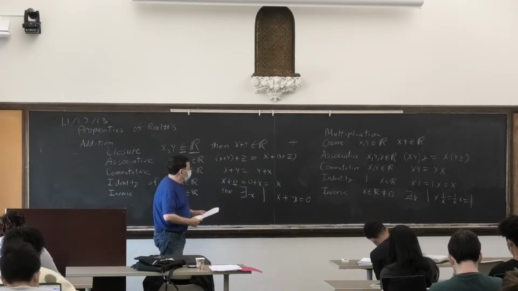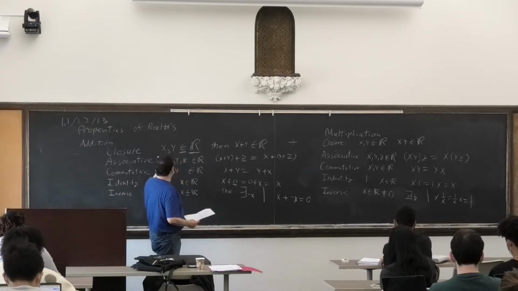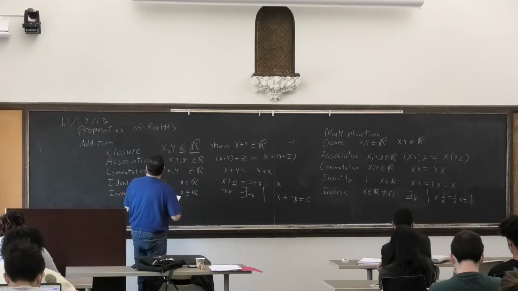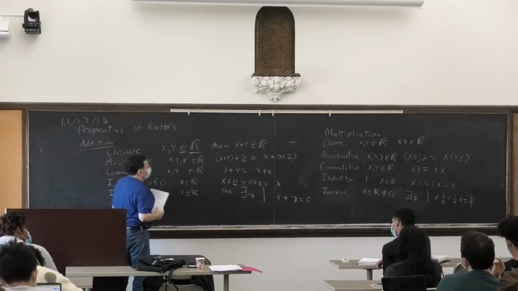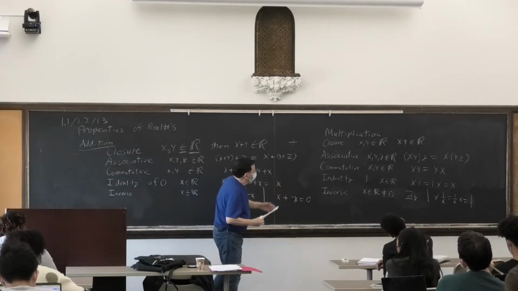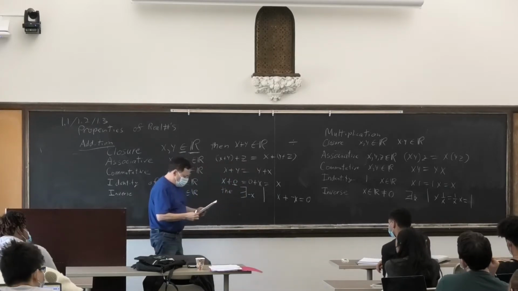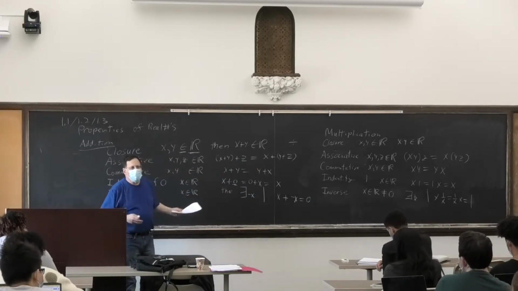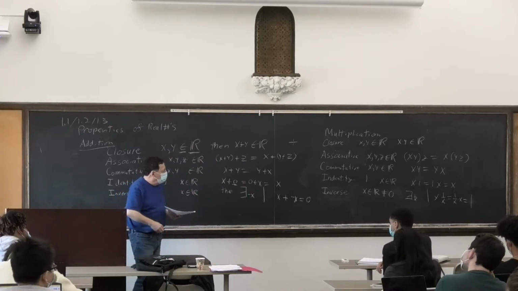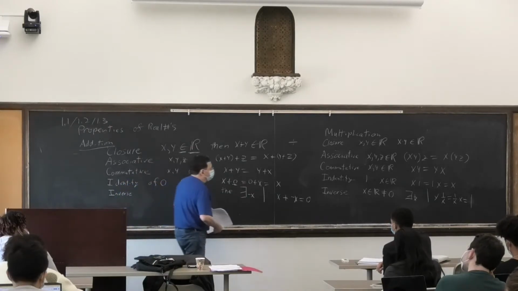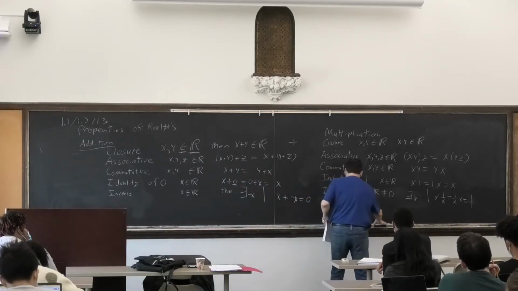So, properties of addition, I wrote that. Properties of multiplication. There's one more important property that combines the two that we, again, use all the time, but we're going to be explicit about it.